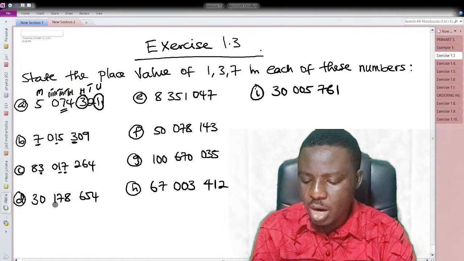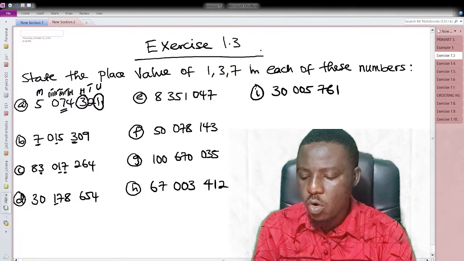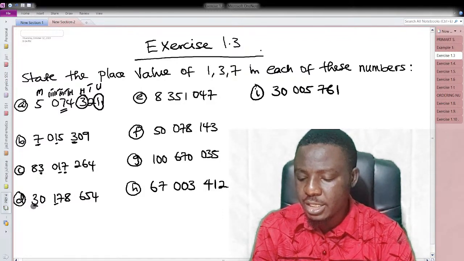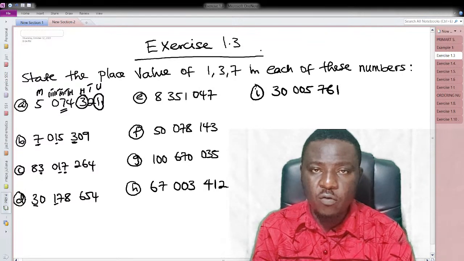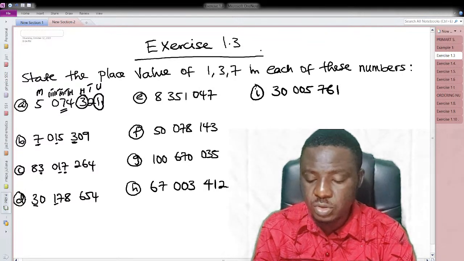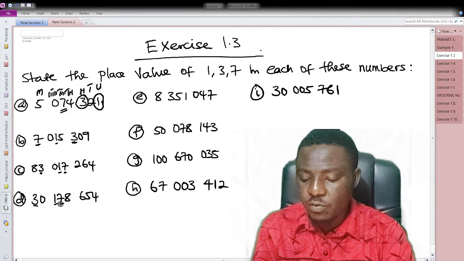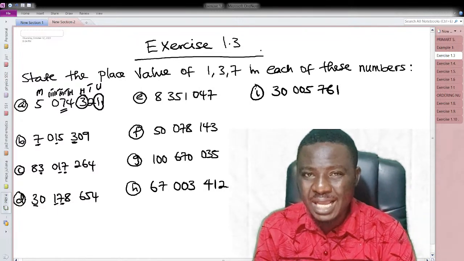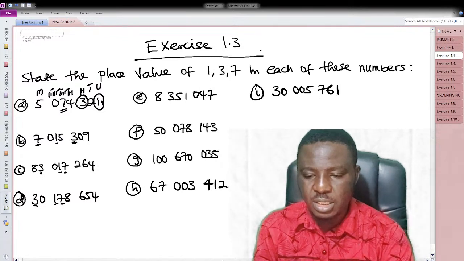D, 1 has the place value for hundreds of thousands, 3 is occupying the place value for tens of millions, and 7 is occupying the place value for tens of thousands.